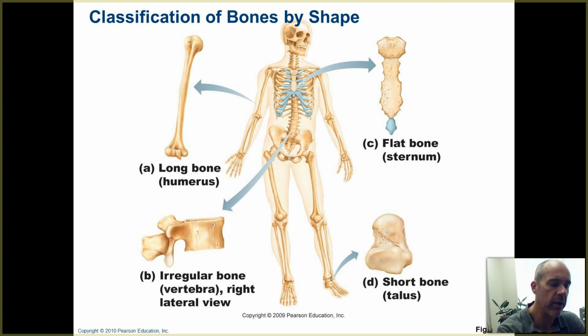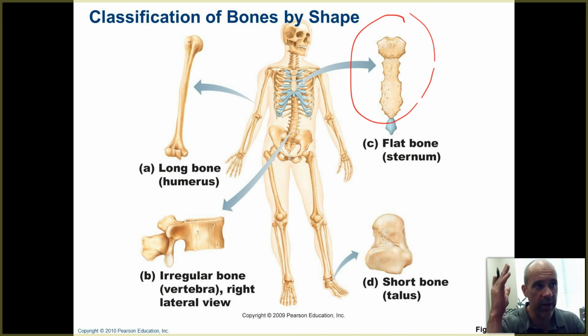Then some of your bones fall into the flat bone category, which, just as the name sounds, they're flat, not very thick, and so the sternum is an example of a flat bone. Many of the bones of the skull fall into that category as well.